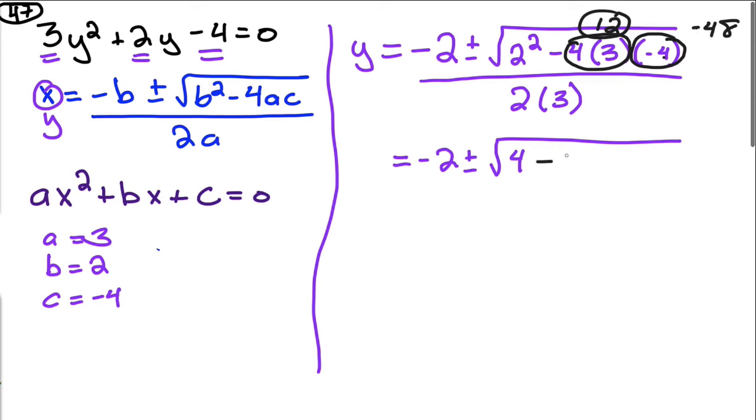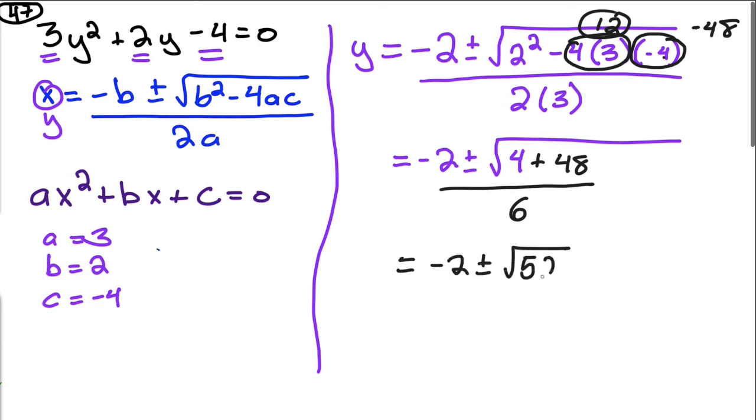So this is 4 minus negative 48. So I'm just going to write that as plus 48 because that's what that is. Okay, so this is 4 plus 48, and then that's all over 6. Okay, so that's minus 2 plus or minus the square root of 52 all over 6.